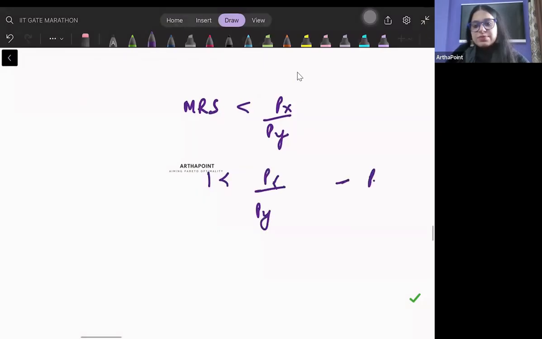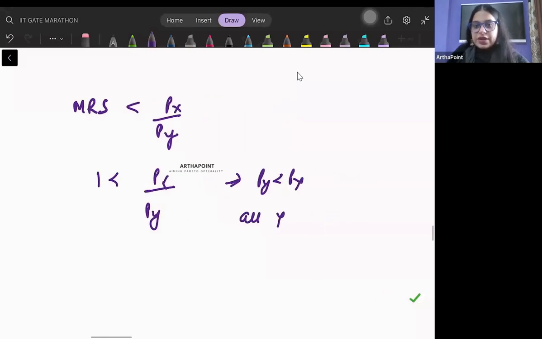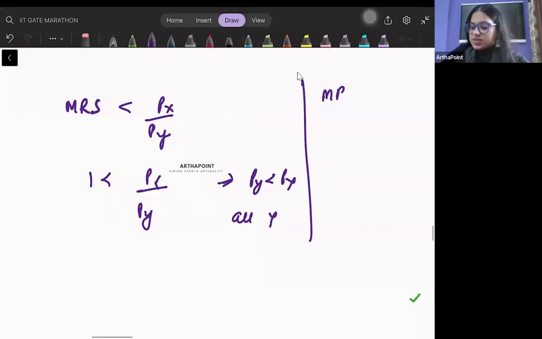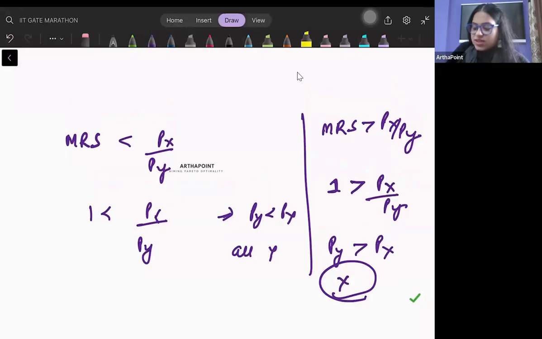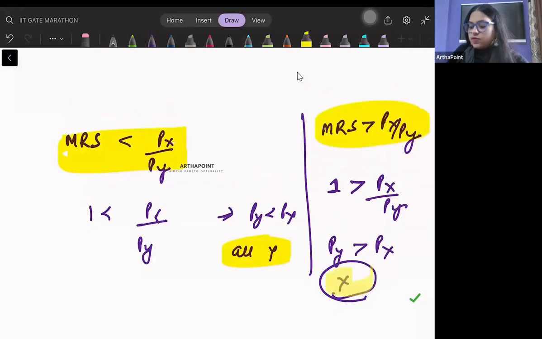You will always get PY less than PX, so you will consume all of Y. Whenever your MRS is greater than PX by PY, तो यहाँ पे 1 plug करो. 1 greater than PX by PY, PY greater than PX, so you will consume all of X. Then compare it with your case. तो हमें यहाँ से पता चल गया that when this is there, तो all of good Y. When this is there, all of good X.